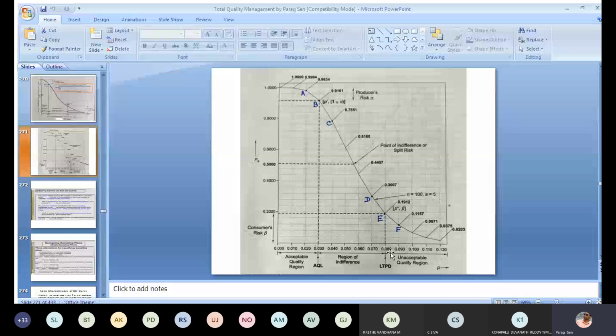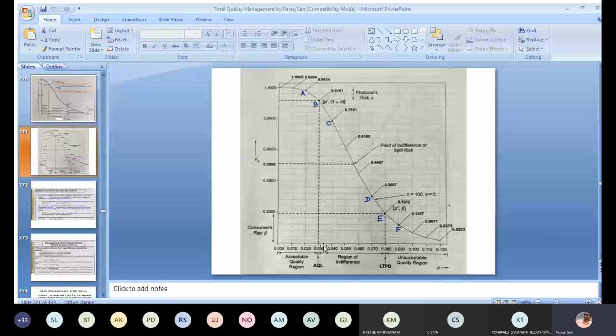So what I want to say is that during acceptance sampling, they mutually agree with each other and decide 2 points based on their choice.